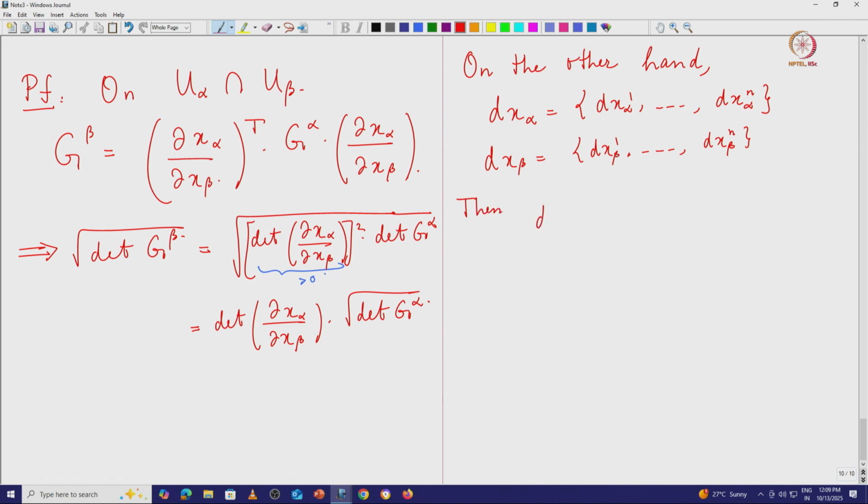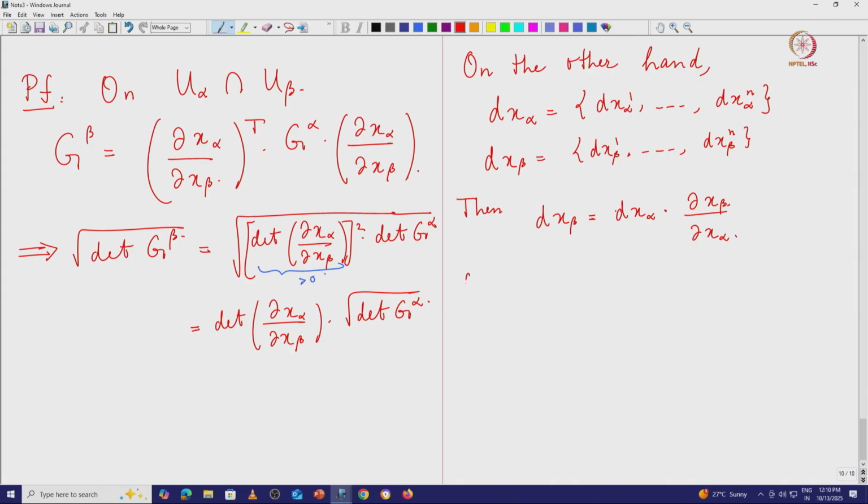Then these transform according to the rule that dx beta is basically dx alpha times the Jacobian given by del x beta by del x alpha.